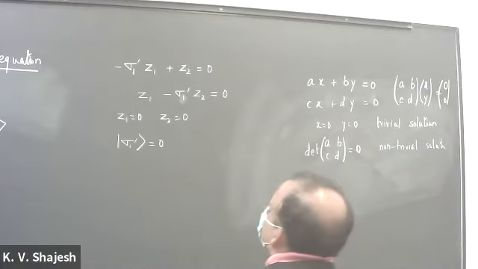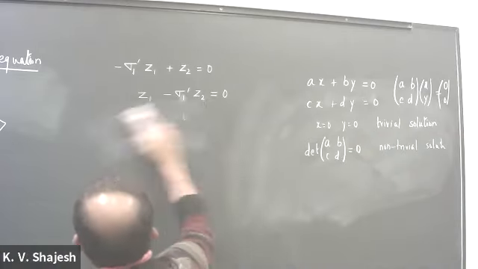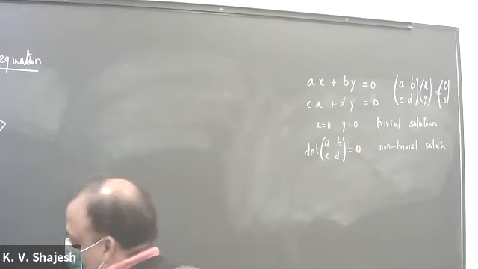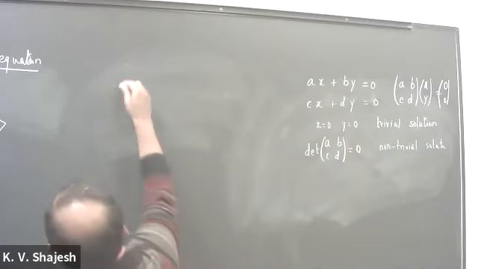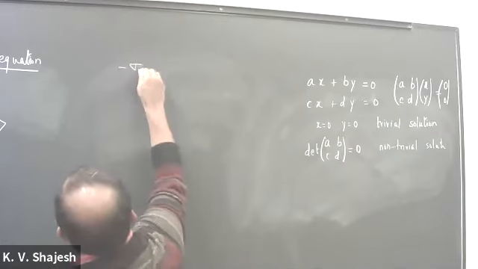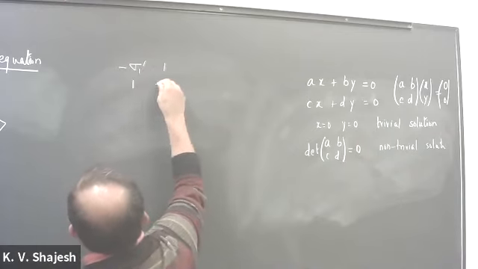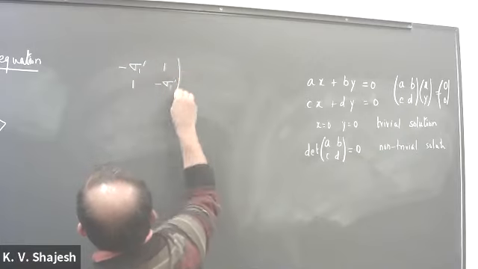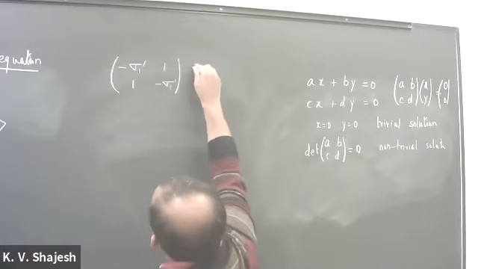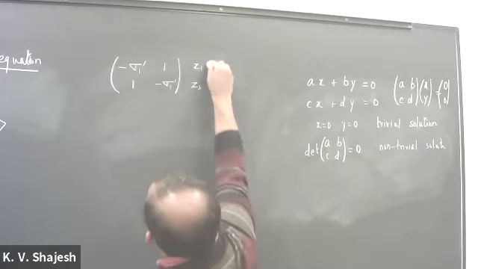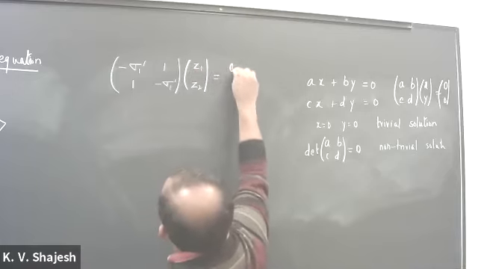So now we ask, what's the solution of this equation? We are looking for the matrix with entries minus sigma 1 prime, 1, 1, minus sigma 1 prime, times z1, z2 equal to 0.